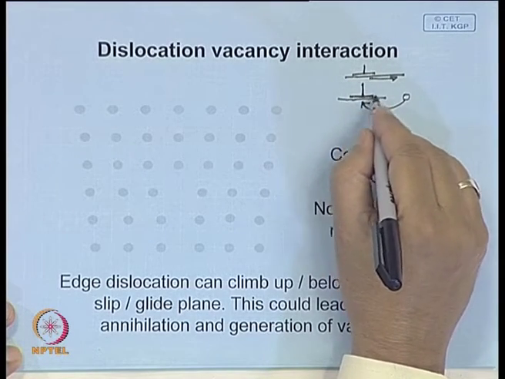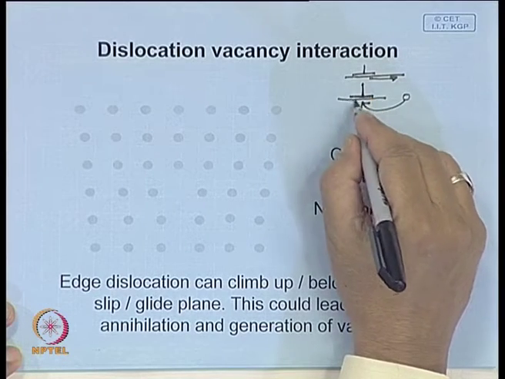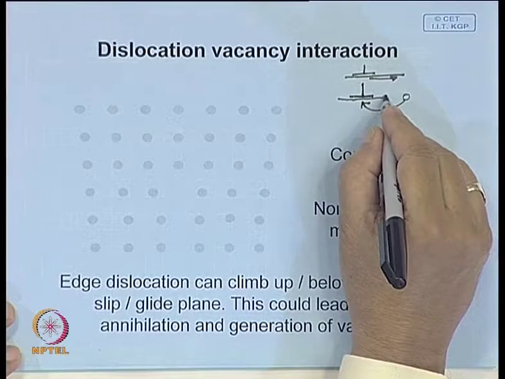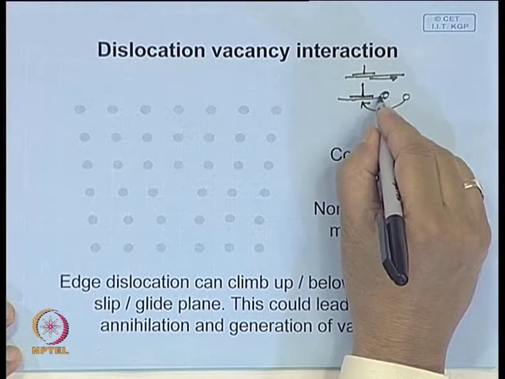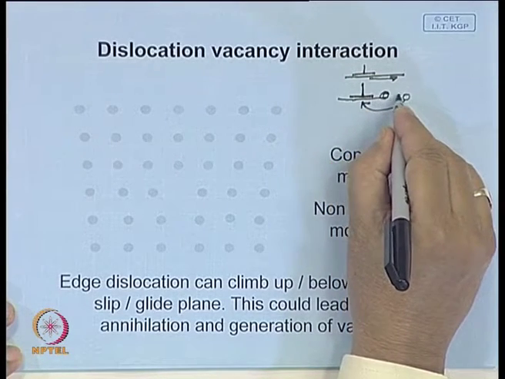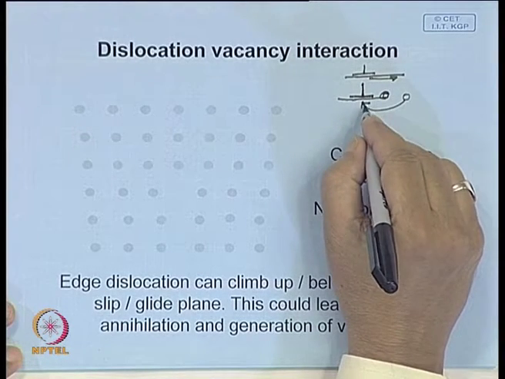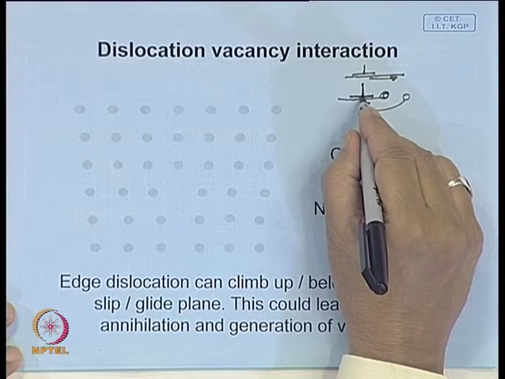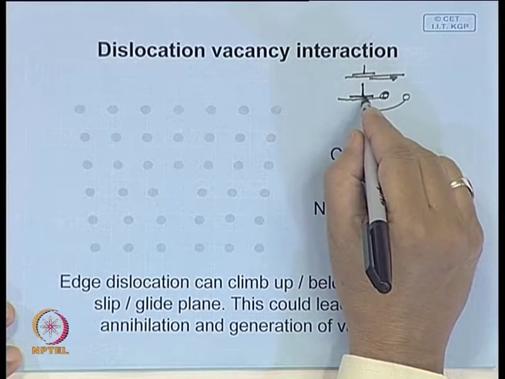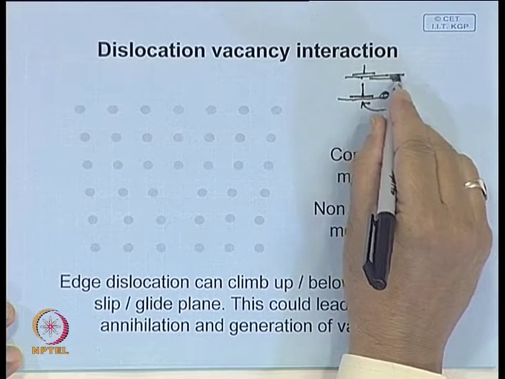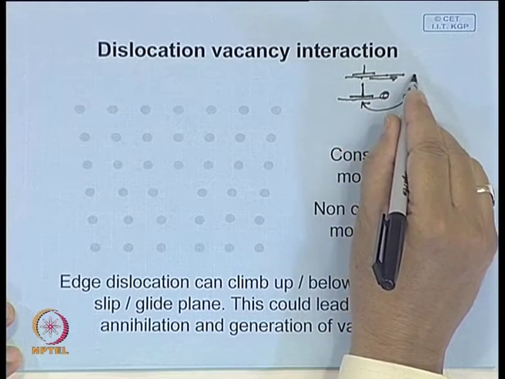If somehow the edge dislocation encounters an obstacle here, later on we will see what will be the nature of the obstacle. It cannot move through the obstacle. That is when this vacancy can help this dislocation move. If the vacancy comes here, it moves up. In this plane there is no obstacle, so it is free to move here.